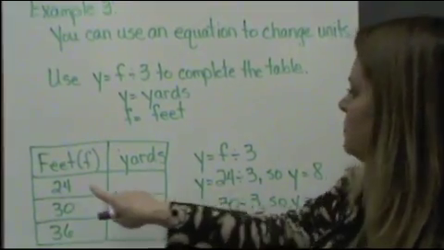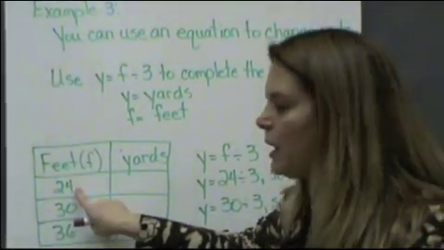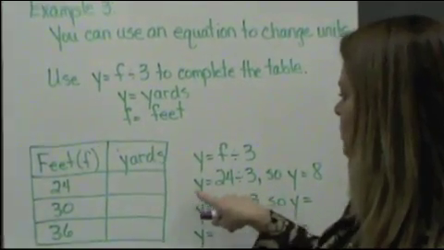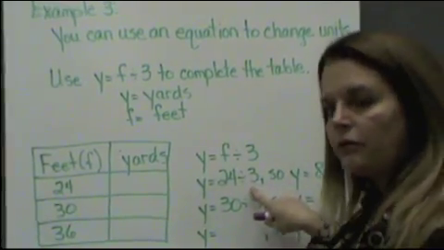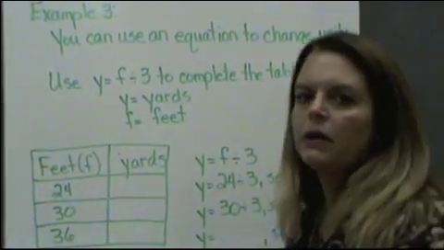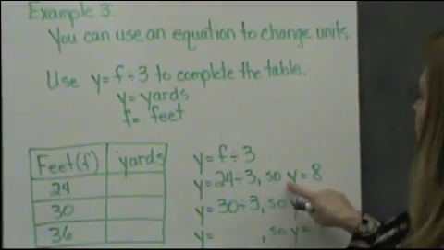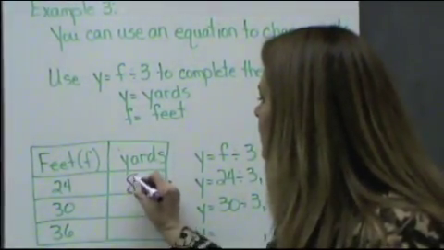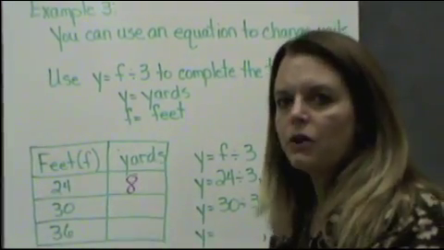Y equals, where there was an f, I'm going to pull my number for feet and put it in place of the f. So that's where the 24 comes from there. Bring down my divided by 3. So my equation is y equals 24 divided by 3. Well, 24 divided by 3 is 8. So y equals 8. That means I have 8 yards. 24 feet equals 8 yards.